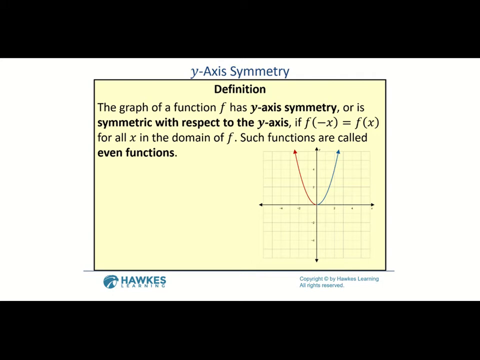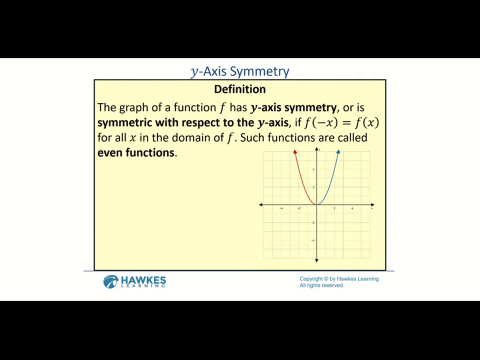A graph is symmetrical with respect to the y-axis if, when you plug in the opposite of x, the function is the same as for x. Like here, we have a parabola that is symmetric about the y-axis.